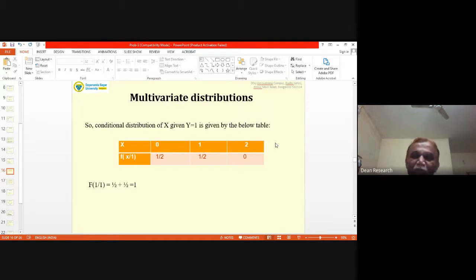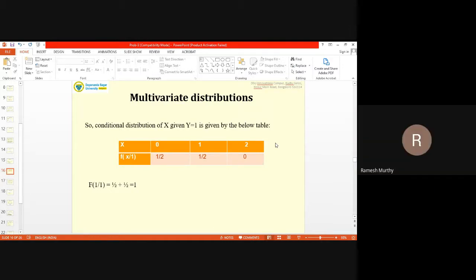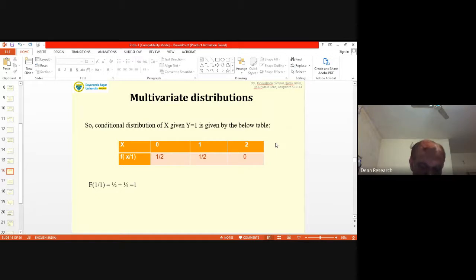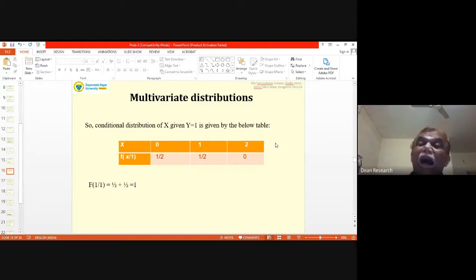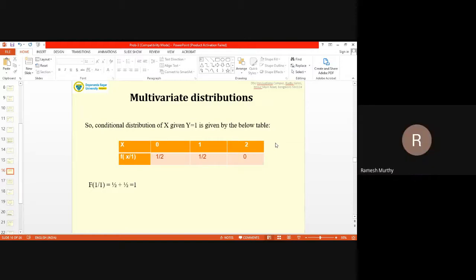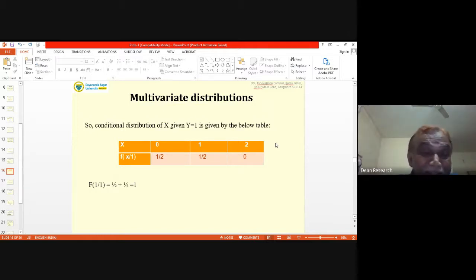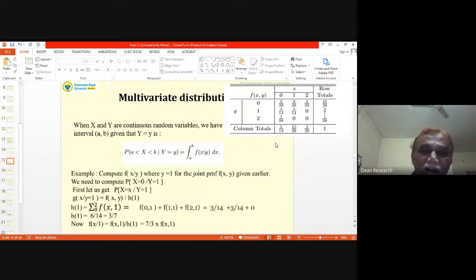It is possible. The problem here is the conditional distribution of x given y is equal to 1. And you are asking about the function where x is equal to 1 given y is equal to 1. That, as per the table, is half. How can it be half plus half equal to 1? Wait. It is a capital F. Okay. It is a capital F.